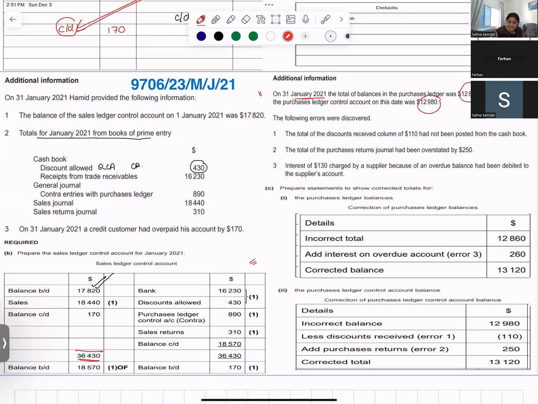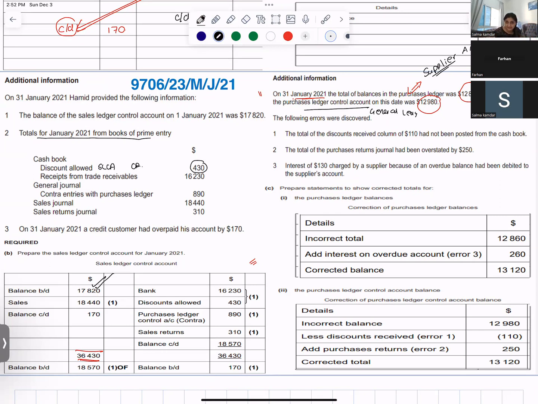Okay, in the purchase ledger, what do you make? In the purchase ledger, you make the supplier's account. The purchase ledger control account is made in the general ledger. So the supplier account and the PLCA were not matching with each other.